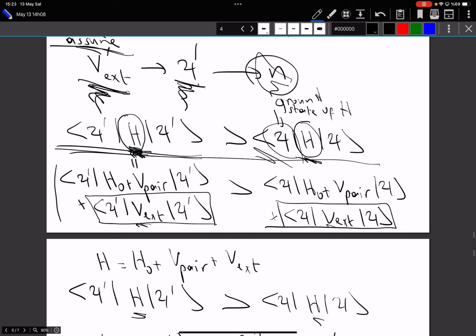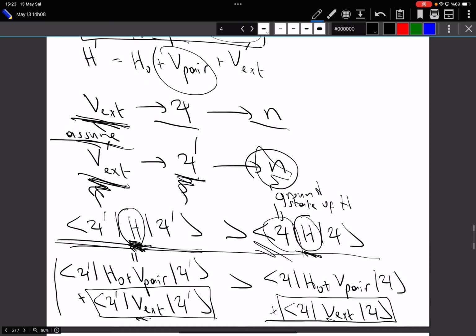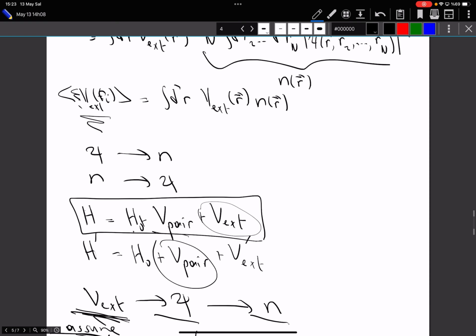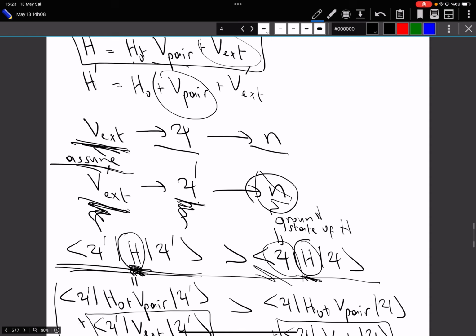I don't do any minimization, but whatever psi prime is, this is always true. I'm also assuming that psi prime and psi are different. That is my initial assumption. For a different external potential, it will give me a different wave function, but the same density.